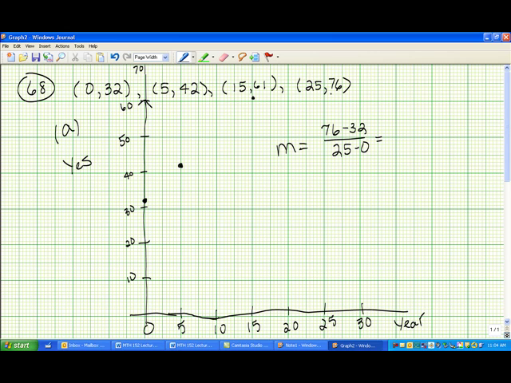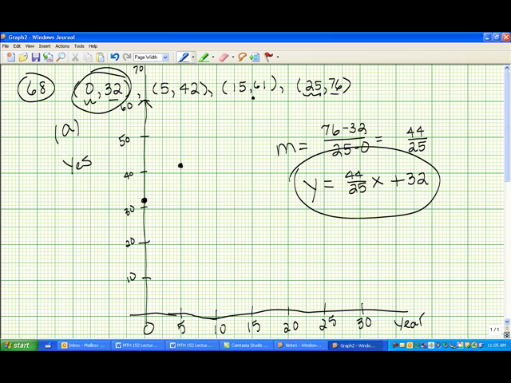So we're getting 44 over 25, okay, is our slope. And let's use, this is actually the y-intercept, 0, 32. So y equals 44 over 25 x plus our y-intercept is right here. We can see it. So that would be our equation.